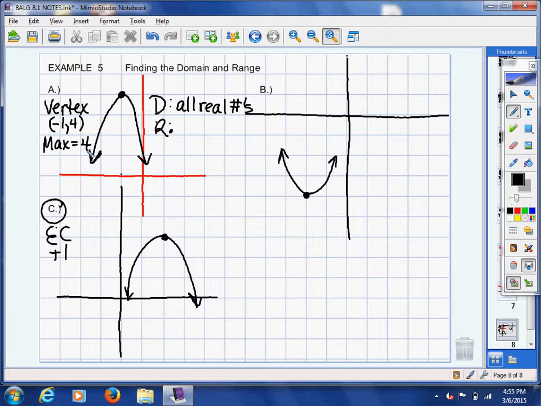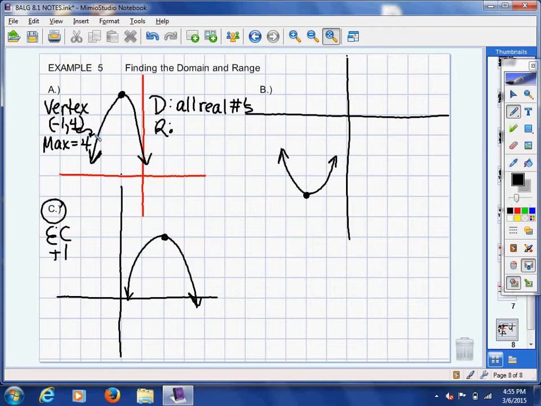You always focus on the y value in your vertex. The y value in your vertex is your maximum if the parabola opens down, or the minimum if your parabola opens up. Now maximum indicates that this is the highest y on your graph. You can't go any higher than 4. Your graph stops on the y at 4.